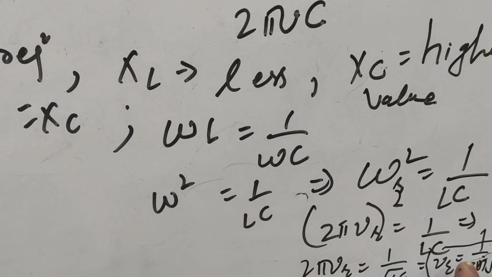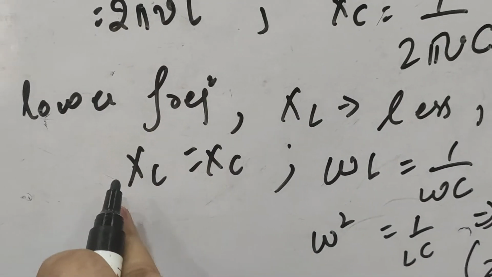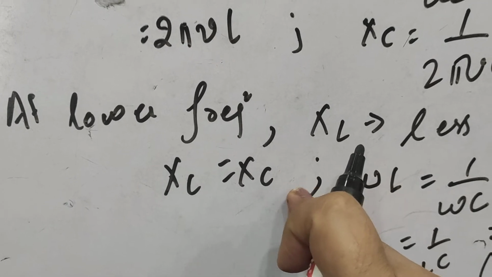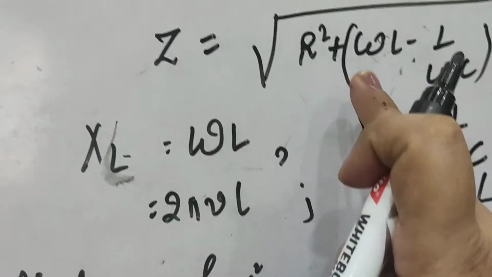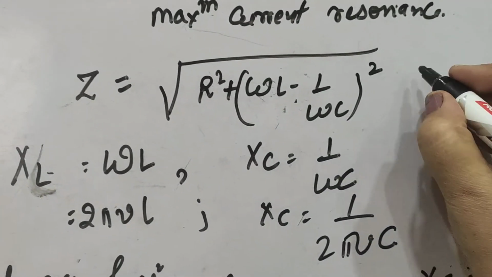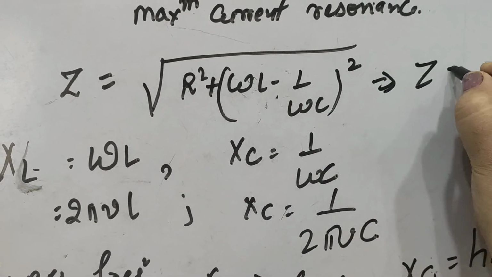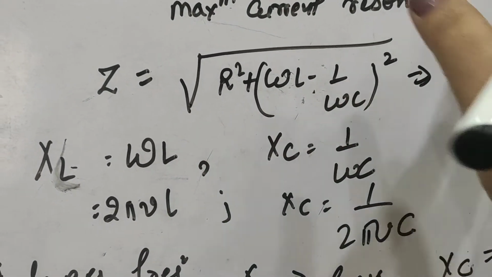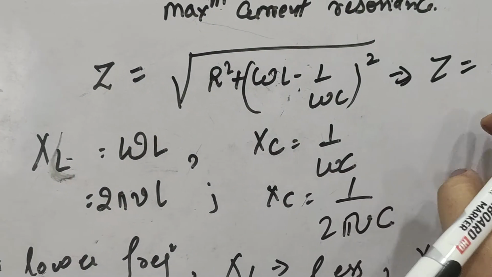It means at that frequency the inductive reactance is equal to the capacitive reactance, so omega L is equal to 1 upon omega C. So we will have Z equal to R. It means the impedance of the whole circuit is reduced.